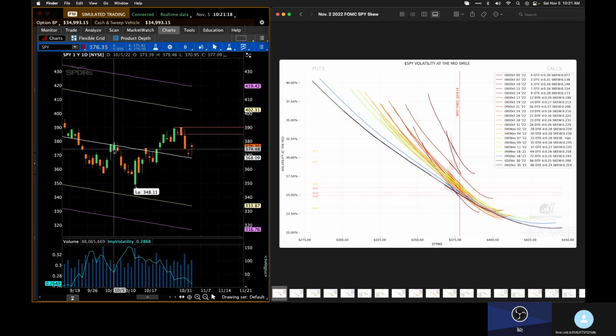So look at the curve right before the drop on October 5th, October 7th. Yeah, the drop happened on the 7th. Do you have skews that go forward? Yeah, I do. Let me see the next iteration of this. All right, so this is October.